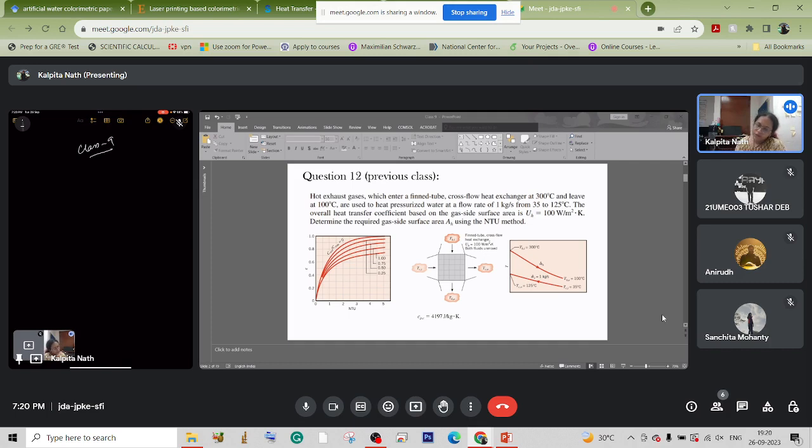Effectiveness is the actual heat transfer to the maximum heat transfer, so we can easily calculate it from the temperatures given and the heat capacities of the hot and cold fluid, right?